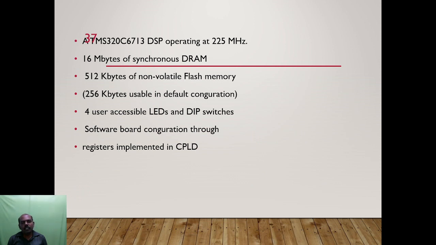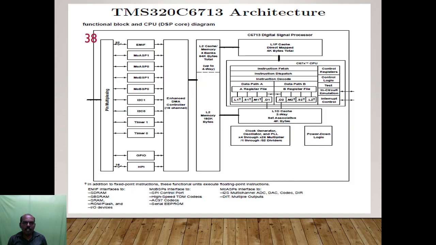The TMS320C6713 DSP operating at 225 MHz frequency, 16 megabytes of synchronous dynamic RAM, 512 kilobytes of non-volatile flash memory, 256 kilobytes usable in default configuration, 4 user accessible LEDs and DIP switches, software based configuration through register implemented in CPLD.